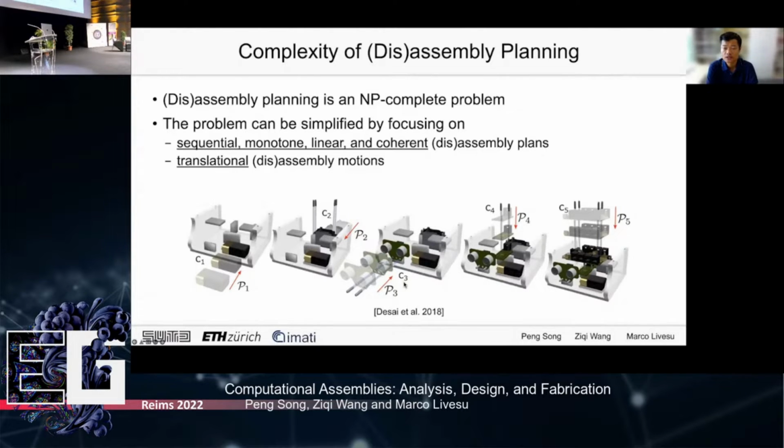Yet, the cost is that the planner may wrongly identify an assembly as not disassemblable. This is because although the assembly cannot be disassembled by simple plans, it is possible to be disassembled by using more complex plans.